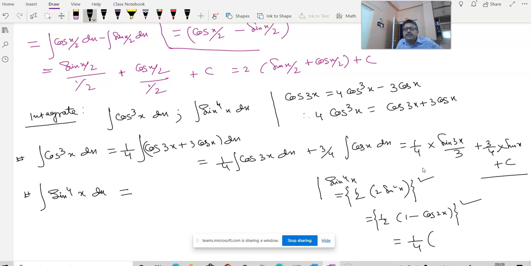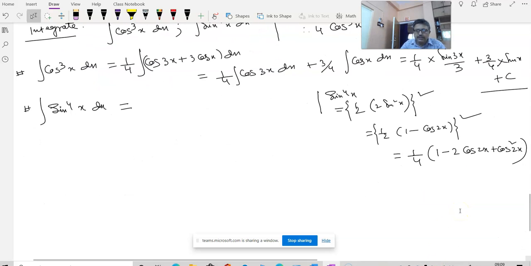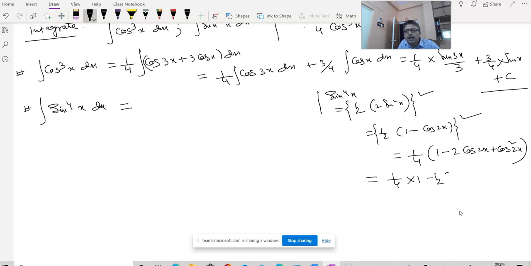1 by 4 will be outside. But the problem is cos square 2x integration. We haven't done it, or we have done cos square 2x. Of course we have done. 1/4 into 1 minus half into cos 2x.